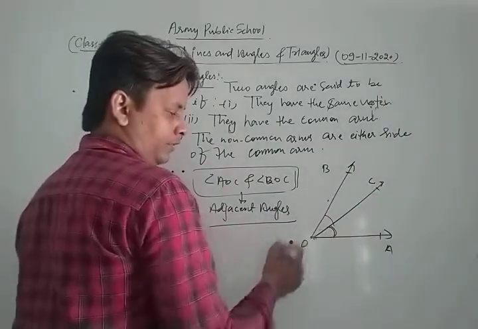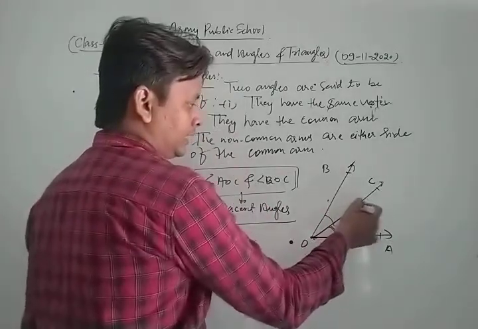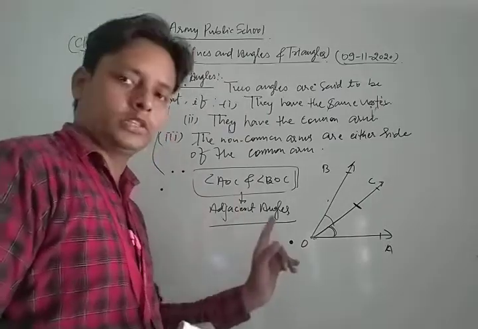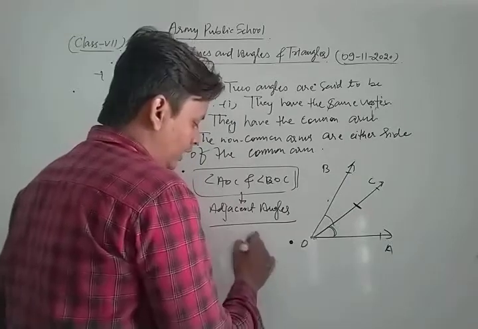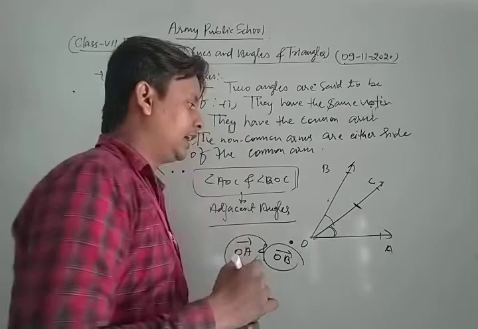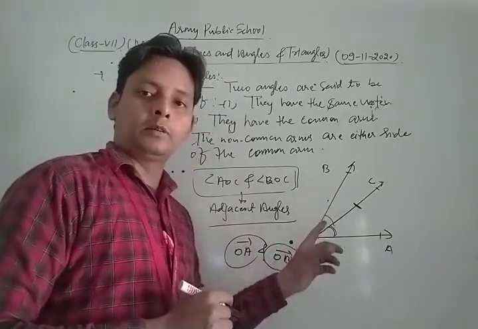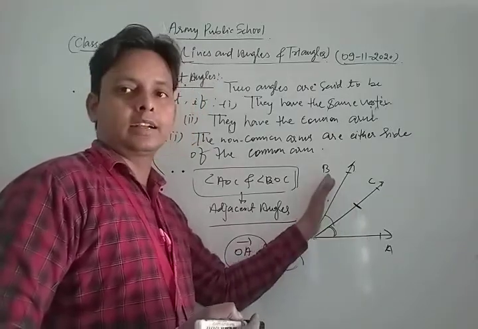Second, both the angles have the common arm OC. And third one is the non-common arms. Here OA and OB, which are rays, are non-common arms, and non-common arms are on either side of the common arm. One is that side and another is that side.